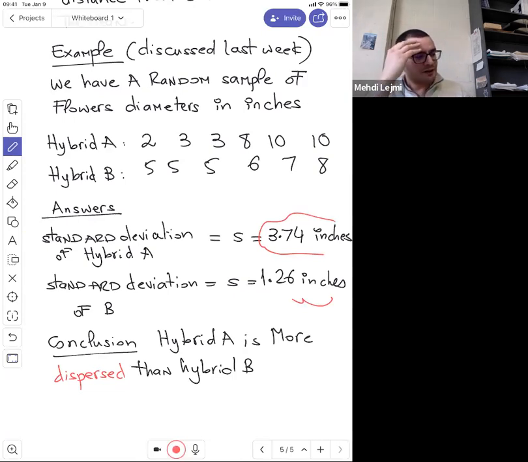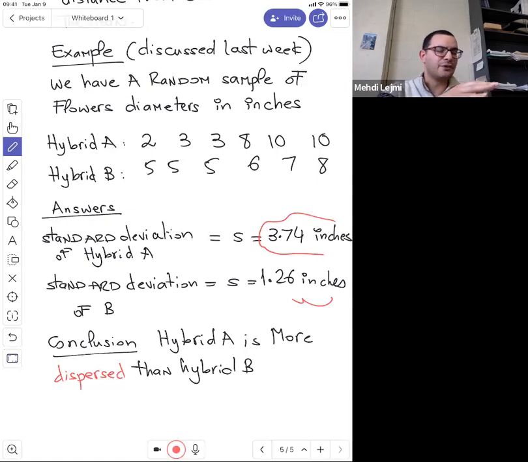And that's a problem, because what we are saying is that your standard deviation depends on the unit. Here, the unit is inches. Now, the problem is if you have two random samples from different populations.